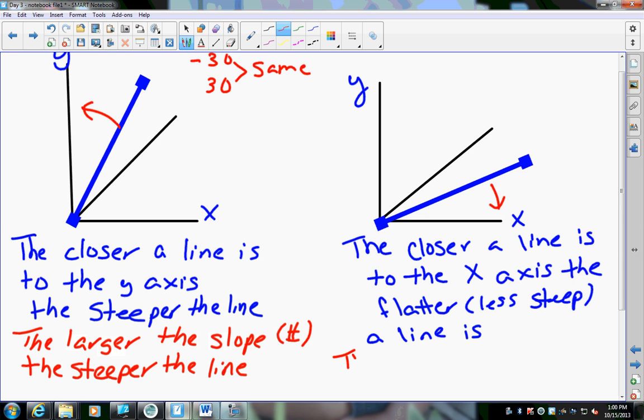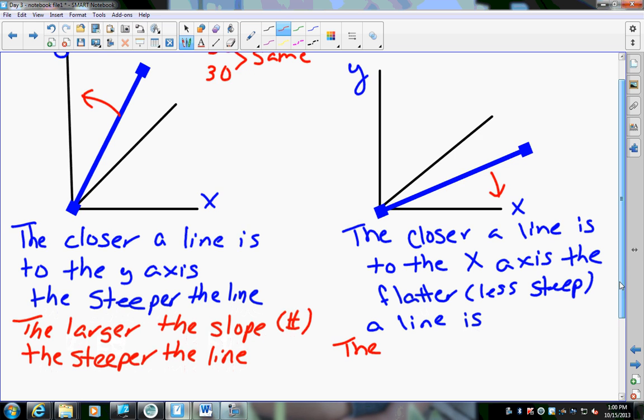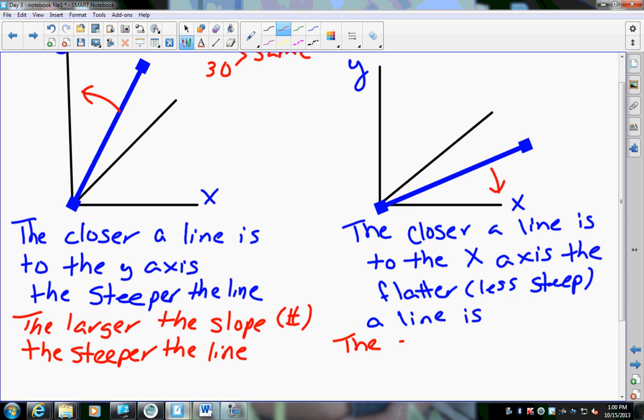In this case, the smaller the slope, the flatter the line.